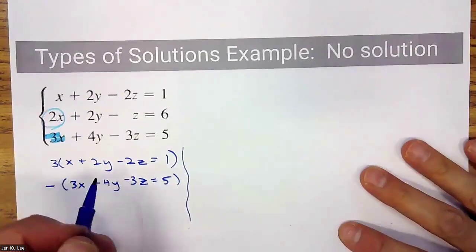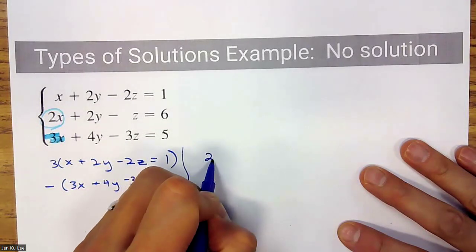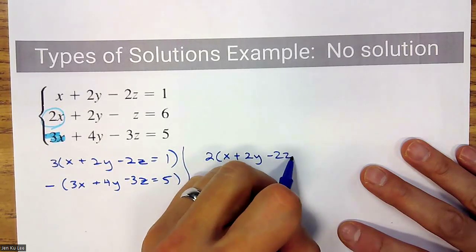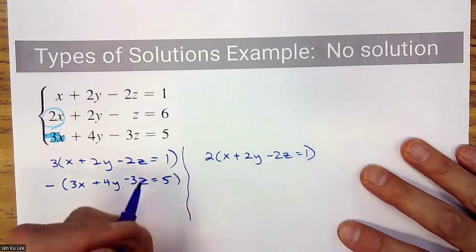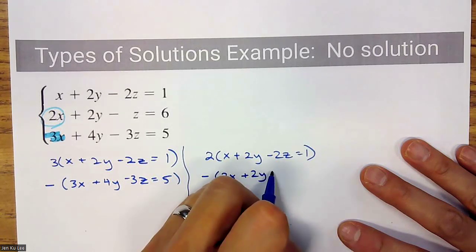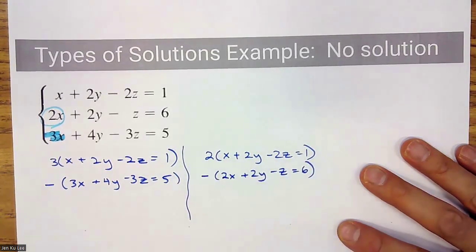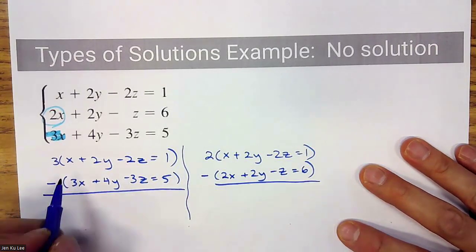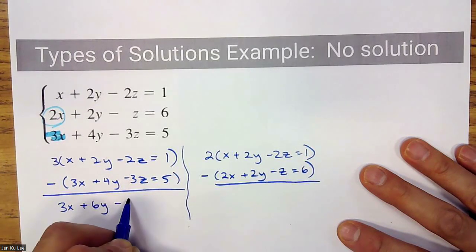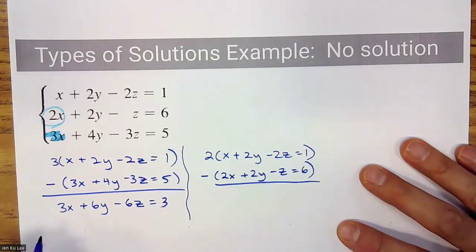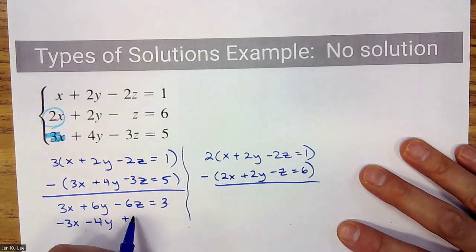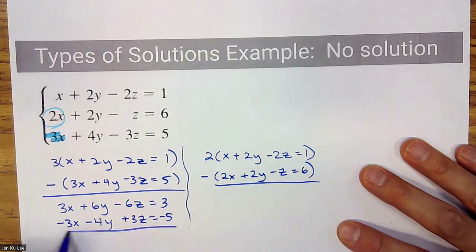I'm going to do this simultaneously. That's going to be 2 times the first equation minus the second equation. So kind of doing this simultaneously, this would be 3x plus 6y minus 6z equals 3, minus 3x minus 4y plus 3z equals negative 5.